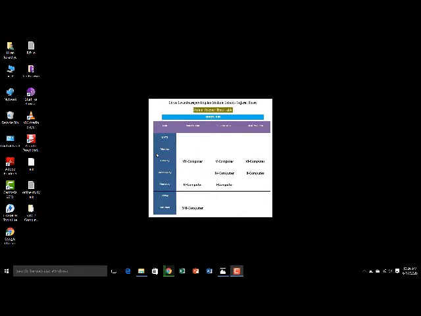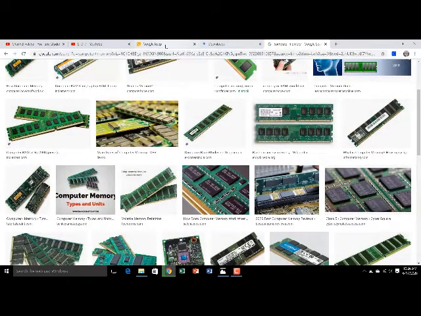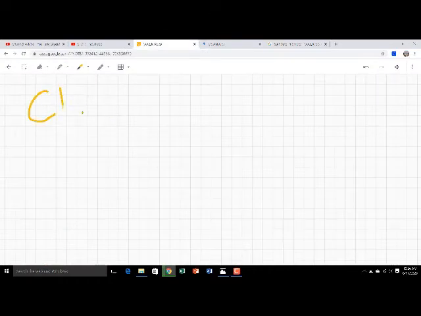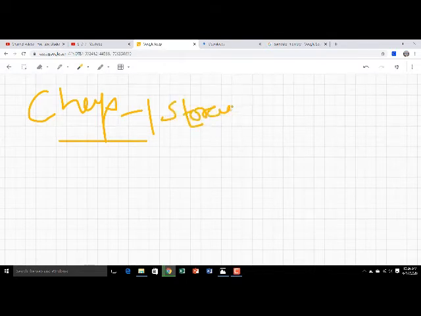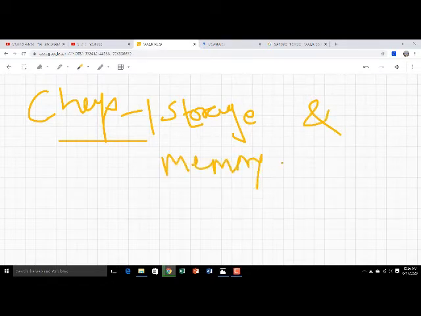Okay, chapter first. We have already started chapter 1, storage and memory devices. We have already discussed some parts of this chapter, but you will do a first revision, then move to the next topic.